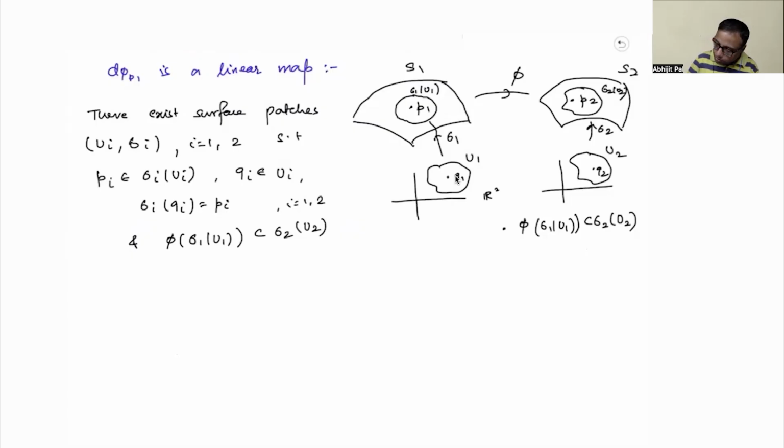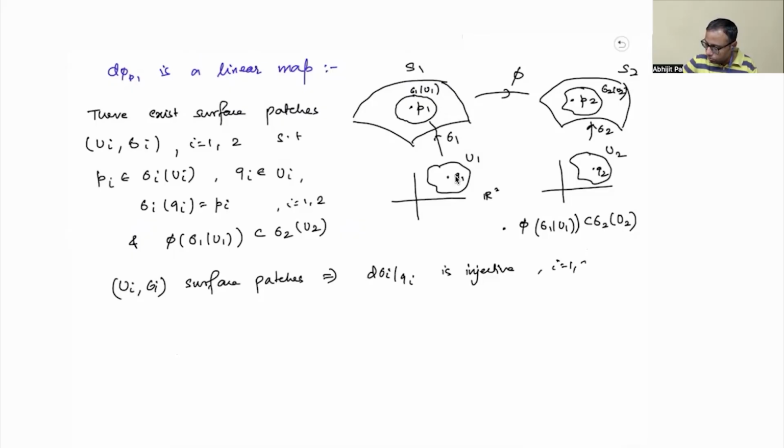Okay, so these are my surface patches, Ui sigma i. So this will imply that sigma i is differentiable, and the differential of sigma i at the point Qi is injective, for i equals 1 and 2.